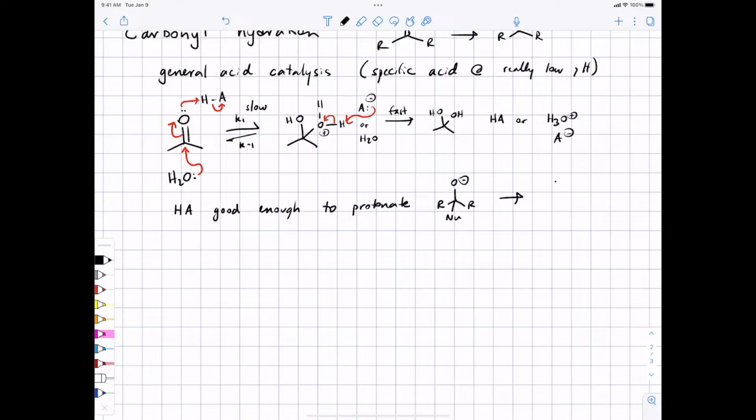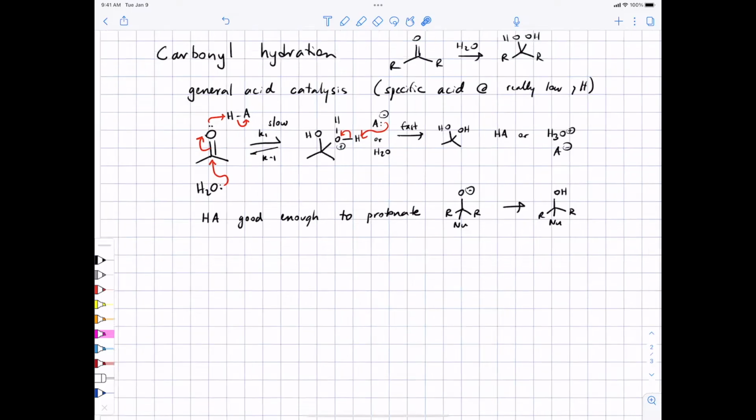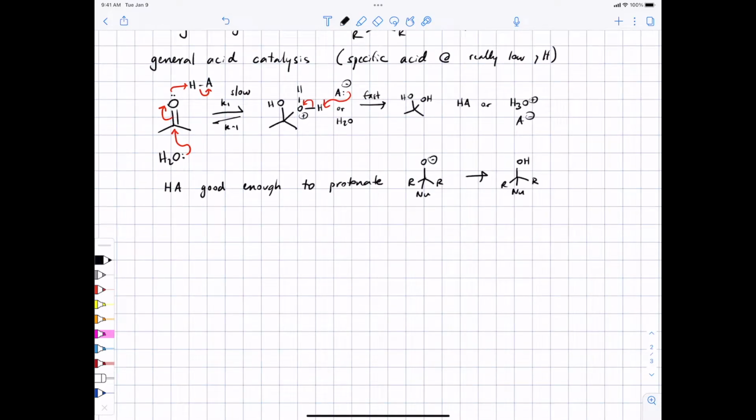So that you would get instead this. So the acid's got to be good enough to deliver a proton to the oxygen in this sort of tetrahedral intermediate, but it's got to be not good enough to protonate a carbonyl compound to generate this oxonium ion.